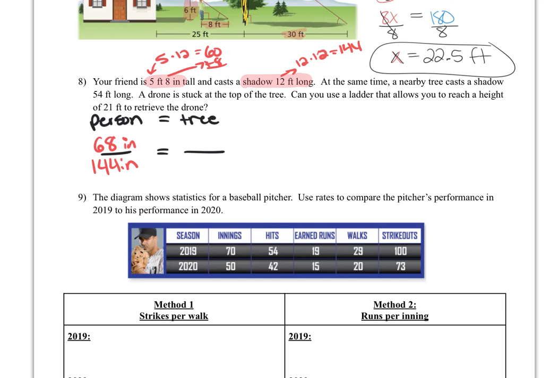Do we know the height of the tree? We don't know the height of the tree, right? X. Let's do it. I prefer using X. Okay. What about their shadow? What are we going to do with that guy? Ooh, 54 feet long. What are we still multiplying it by? 12. Yes. Times 12. Right? What do we get? 648 inches.